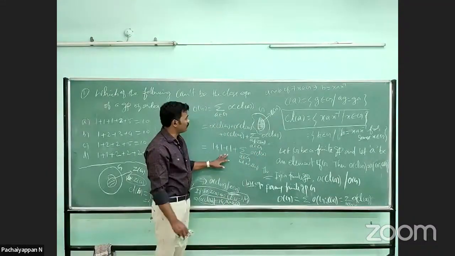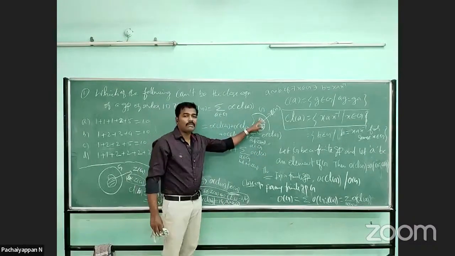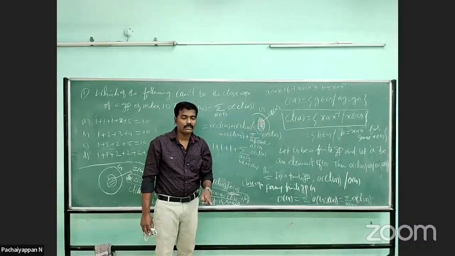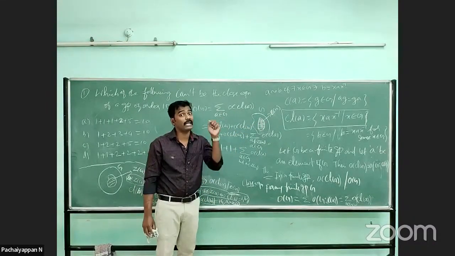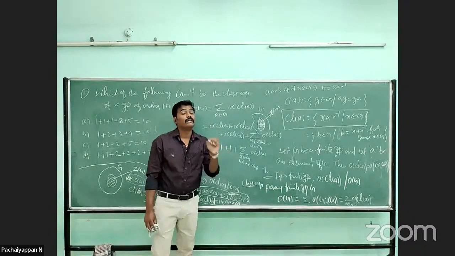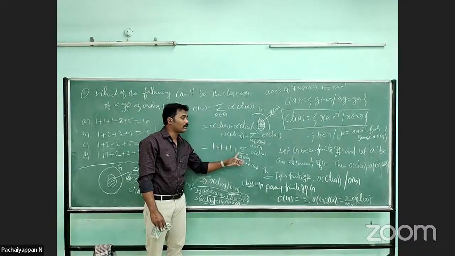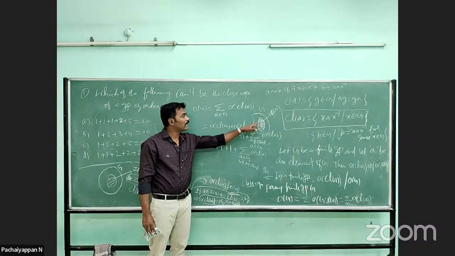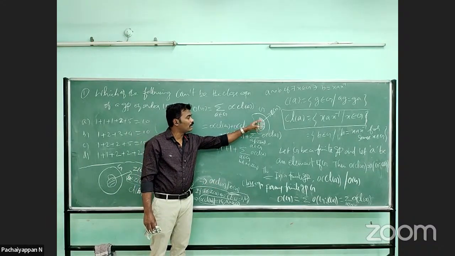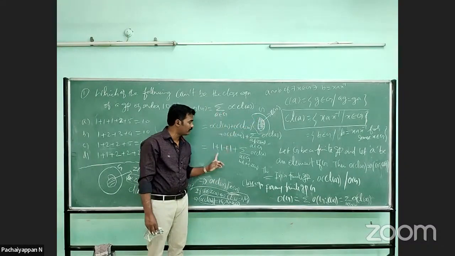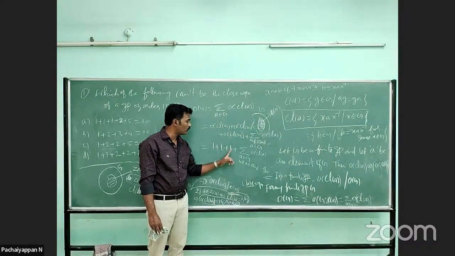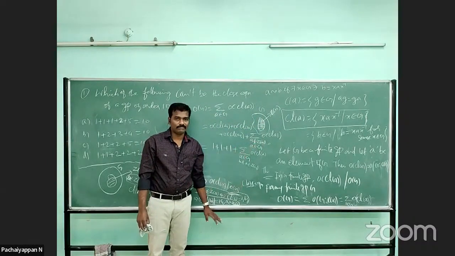What is the moral of the story? How many elements are there in the center? That many ones are coming here. Here our center contains 3 elements. Therefore, we have written here 1 plus 1 plus 1. The remaining we don't know.